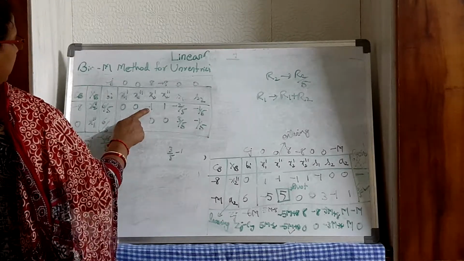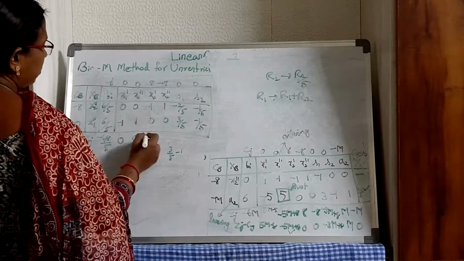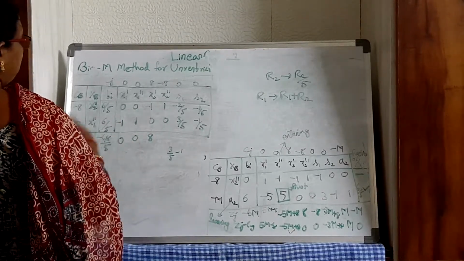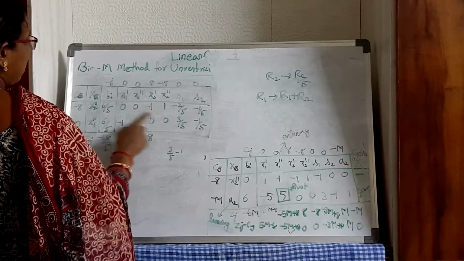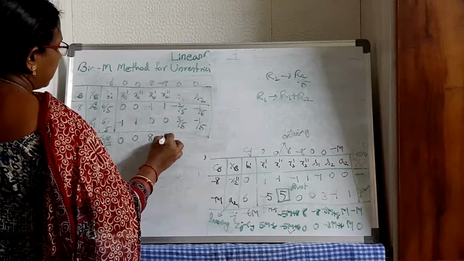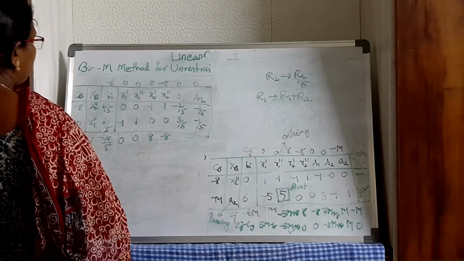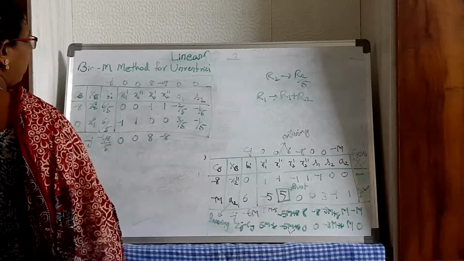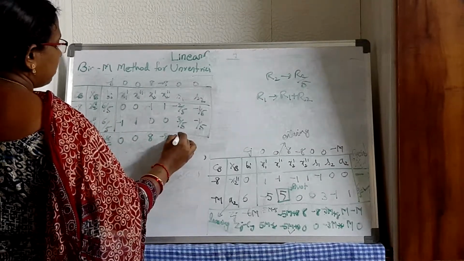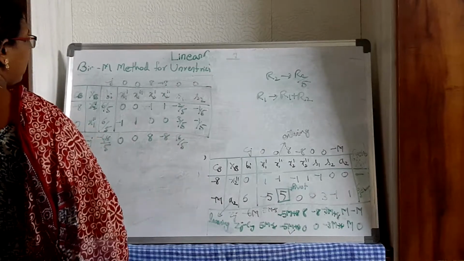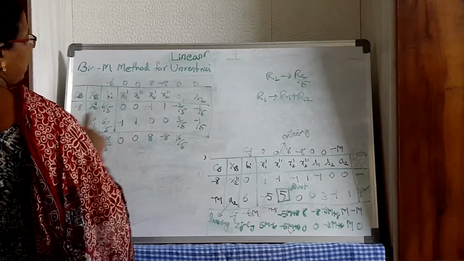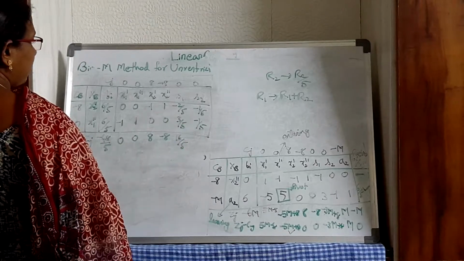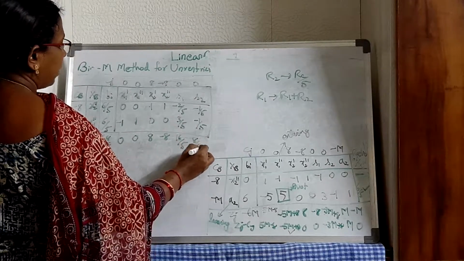Minus 8 into minus 1 plus 0 into 0, 8. Minus 8 into 1 plus 0 into 0, minus 8. Then minus 8 into minus 2 by 5 plus 0 into 3 by 5, so this will be 16 by 5. Minus 8 into minus 1 by 5 plus 0 into minus 1 by 5, so this will be 8 by 5.